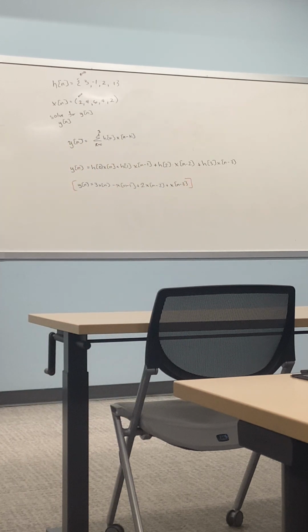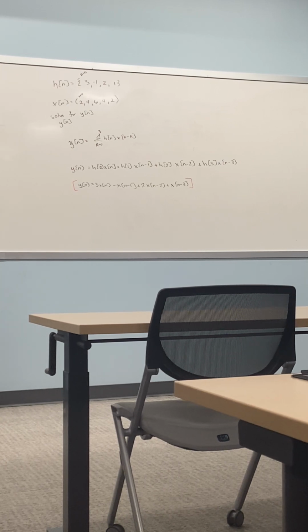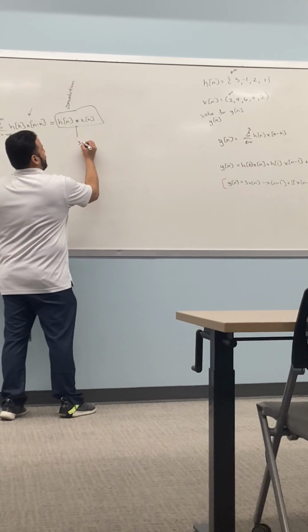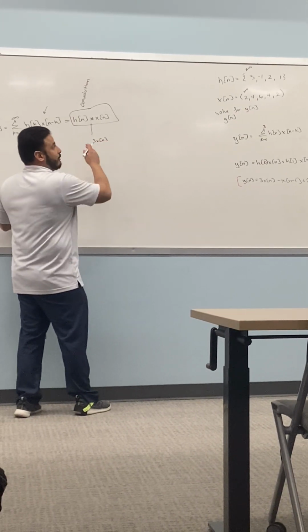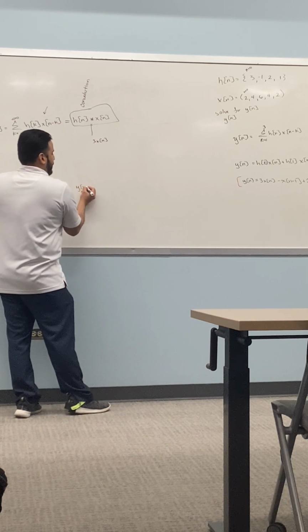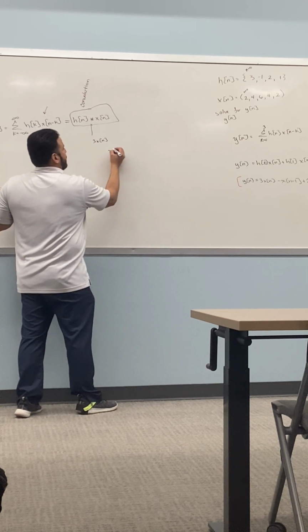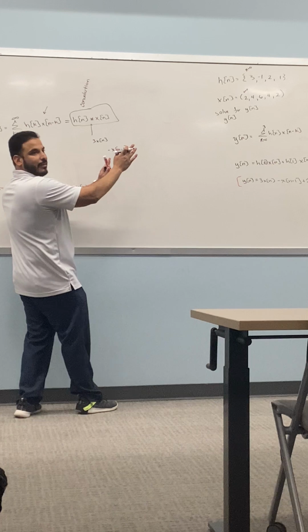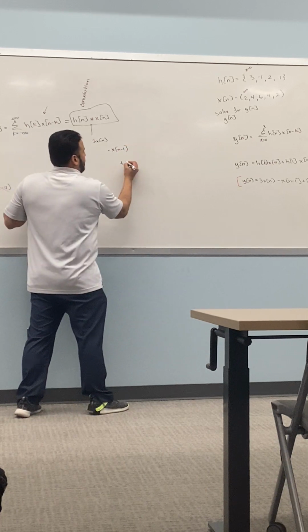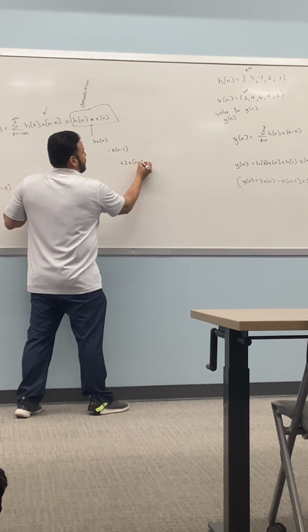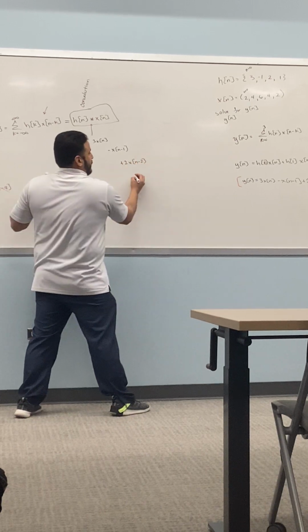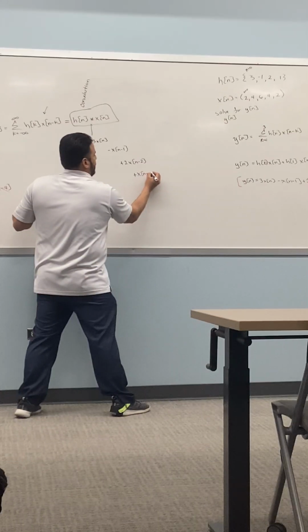Before we start to solve, I want you to see the bigger picture. What does this mean? This means that y of n in total would be 3 times this x of n, minus the same x of n but shifted this way, plus 2 times this x of n shifted that way, plus x of n minus 3.